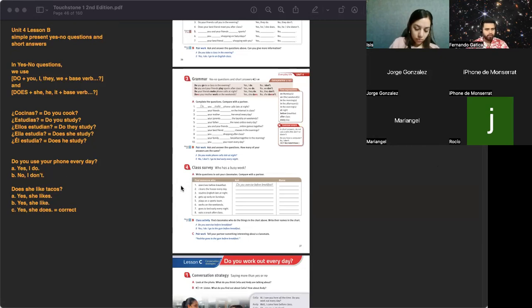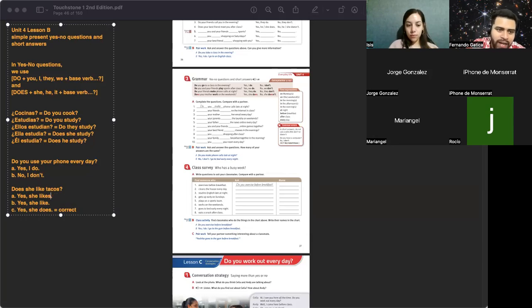Recuerden que after likes or like, you need to put something. If the answer was, yeah, she likes them, that would be correct. Pero no puedes dejar el like colgando así nada más. Tiene que ir algo después del like.